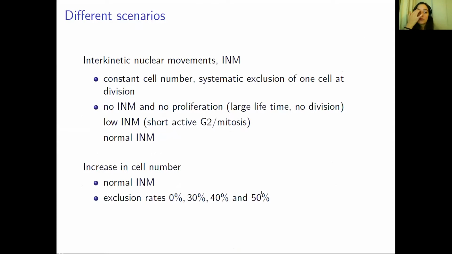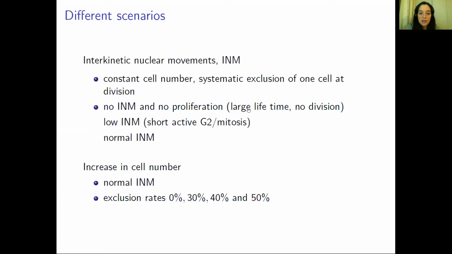So to study the influence of the nuclear movements and the increase in cell number, we consider different scenarios. For the nuclear movements, we consider that the cell number is constant by excluding always one cell at division. And then we consider three scenarios of no movement, low movement, and normal movement.